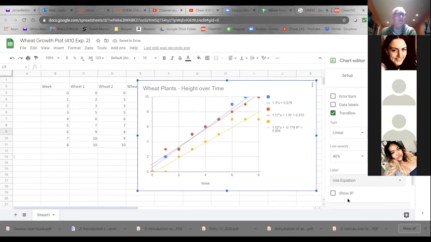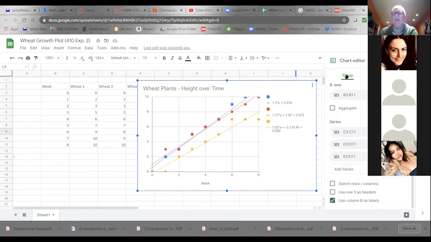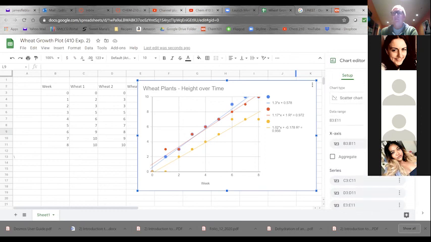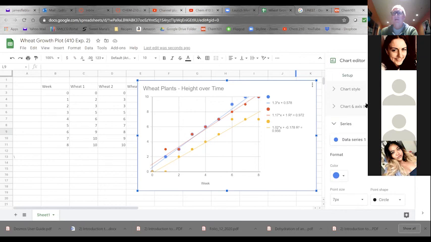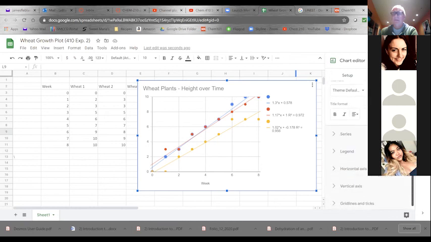But you can see one problem we have is we can't really see all of the data. Notice that some of these data points are kind of lost. So we can go back and change our axis settings, the horizontal axis.